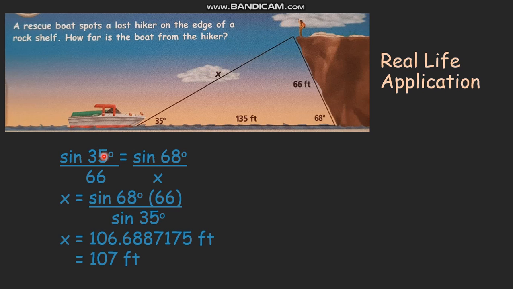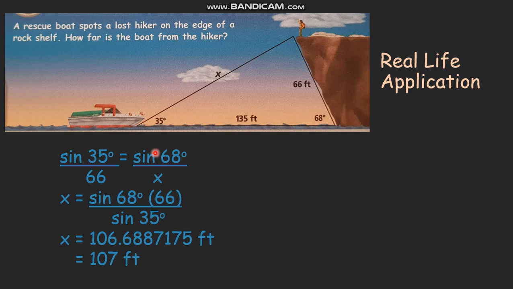So first of all, the sine of 35 degrees, the sine of this angle over the side opposite to it, which is 66, is equivalent to sine 68 degrees over X, which is missing and we want to find.